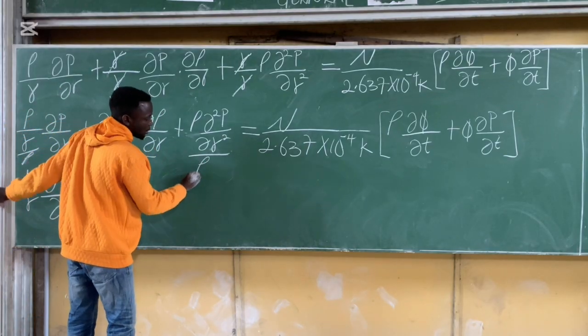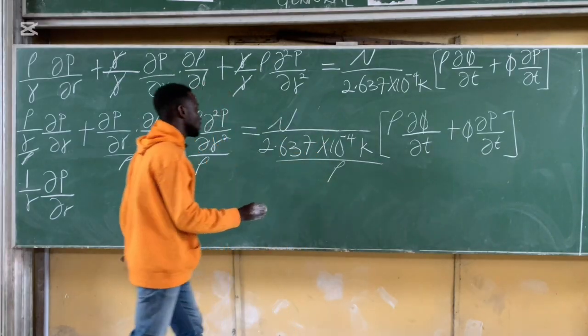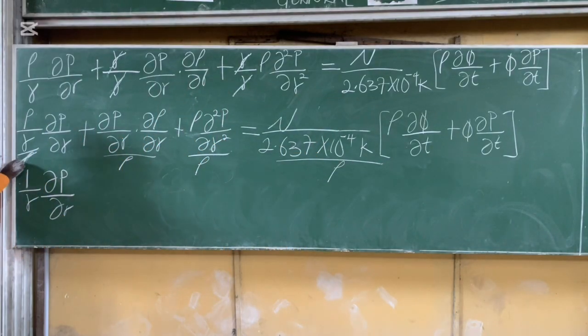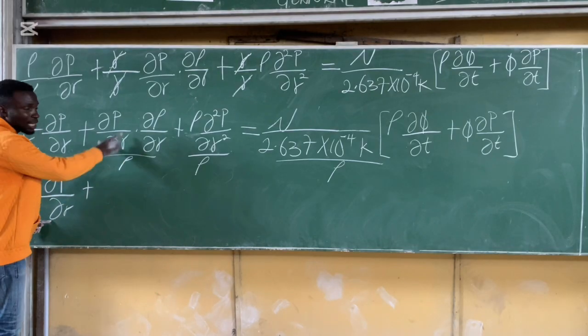Divide this by density. Divide everything here by density. So the first one now, density cancels this density. We'll just be left with 1 all over r dp dr plus, there's no density here.